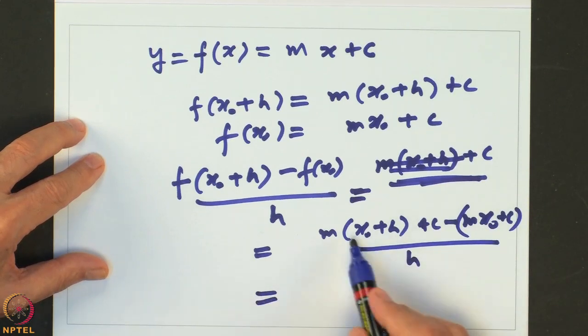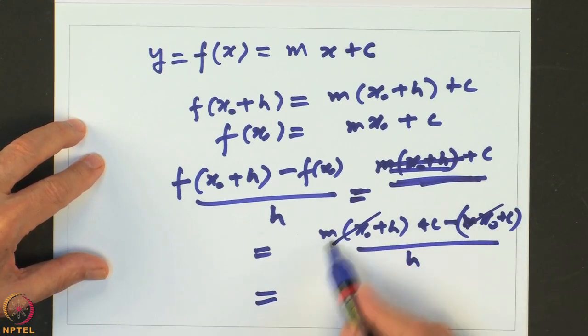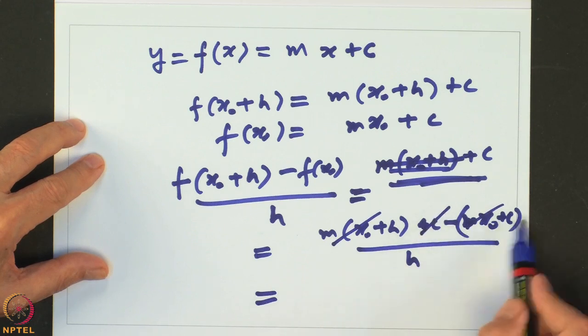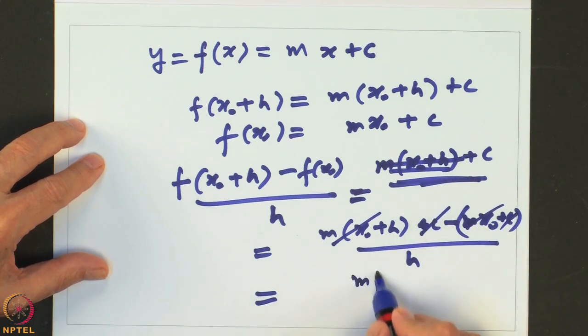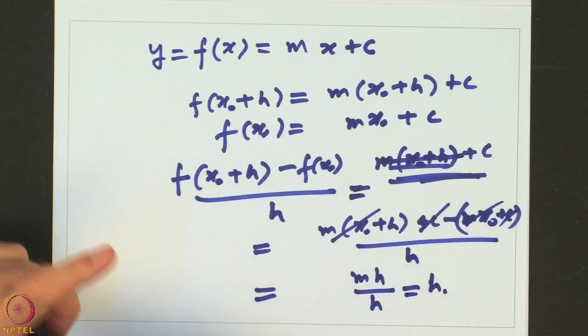So, what is that equal to? m x naught and m x naught will cancel out, right, and c will cancel out. What is left is m h divided by h.